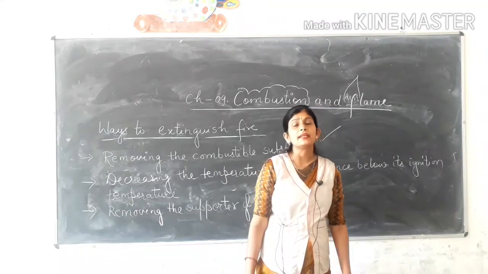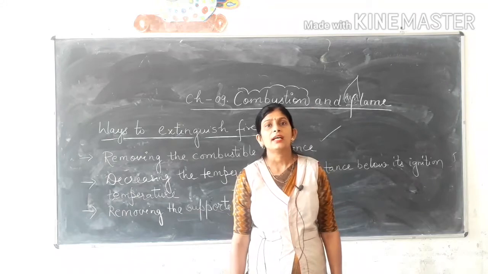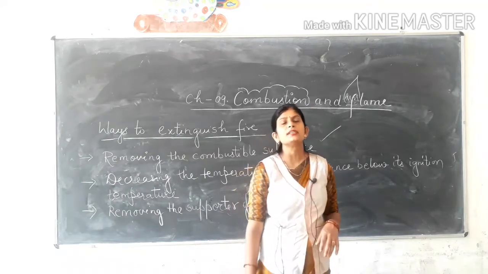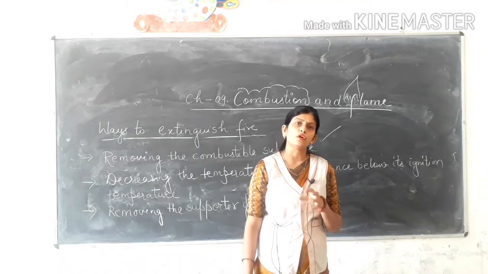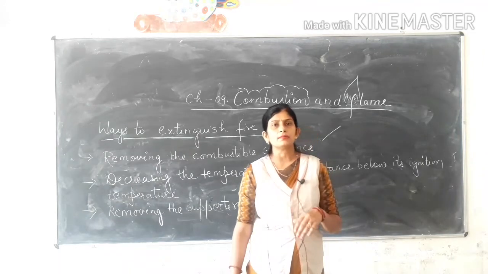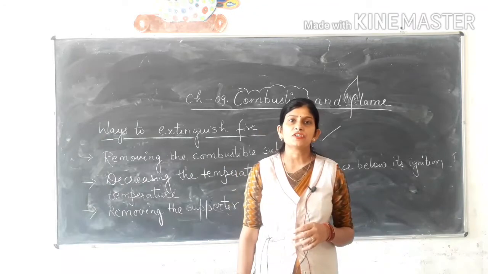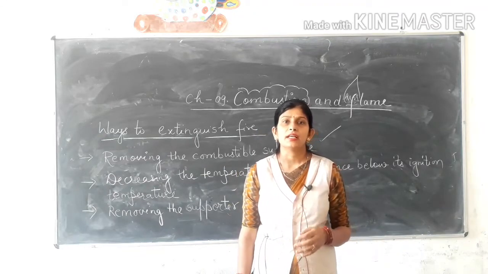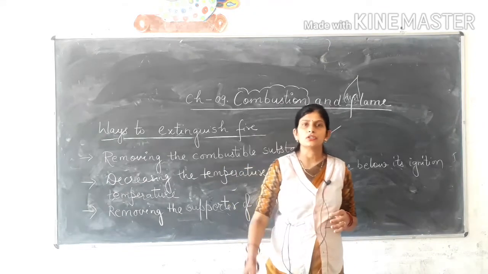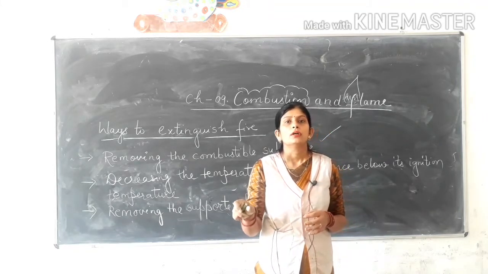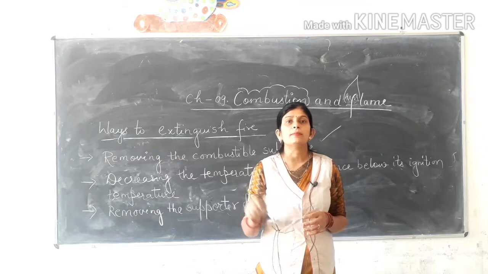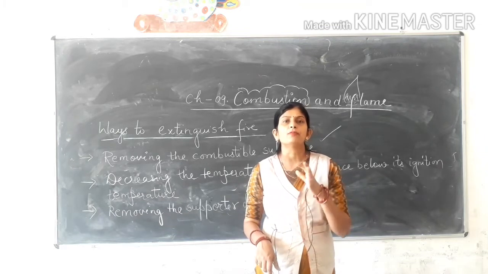For example, in case of LPG fires, as you know, LPG is a cooking gas which we use at our homes for cooking. Sometimes LPG catches fire on a large scale. In that case, just cut the supply of LPG, just remove the combustible substance from the burning.